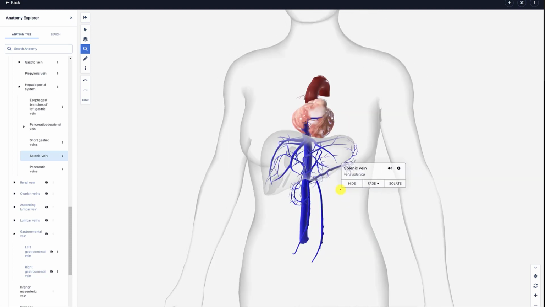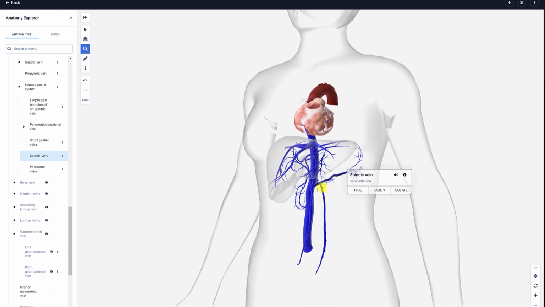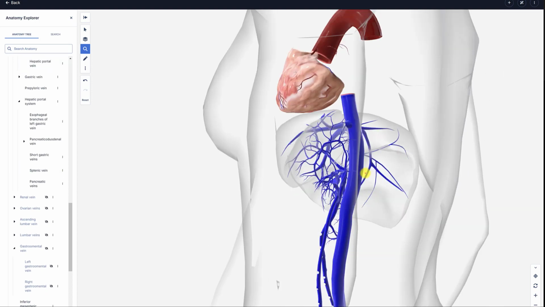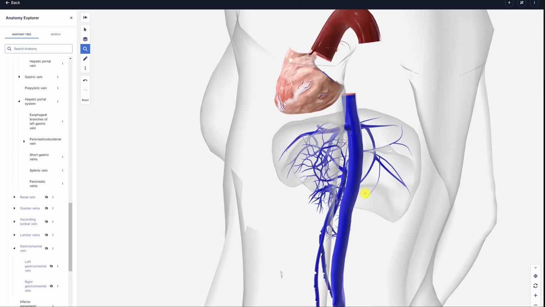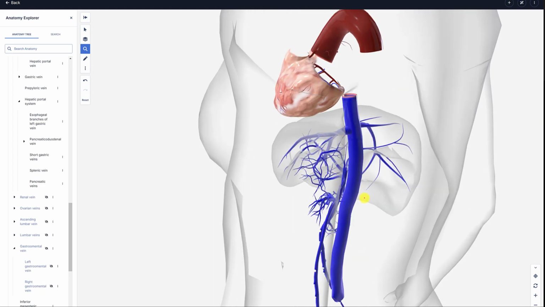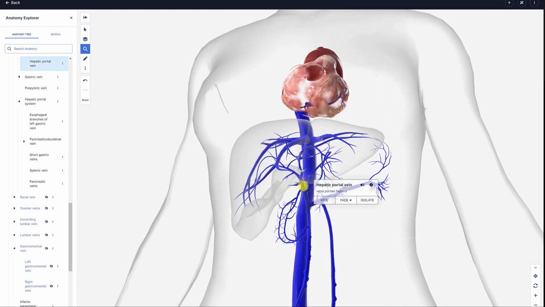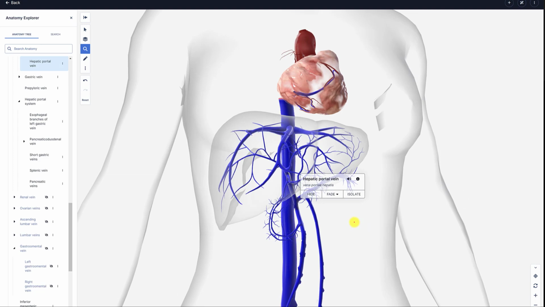Maybe I hide it. But anyway, the point is I want you to see that this is the inferior mesenteric, superior mesenteric. See here, they are not putting blood into the vena cava. This is space, so they are not connected directly to the vena cava, right? But they are going into the liver through the hepatic portal vein. This is the hepatic portal vein.